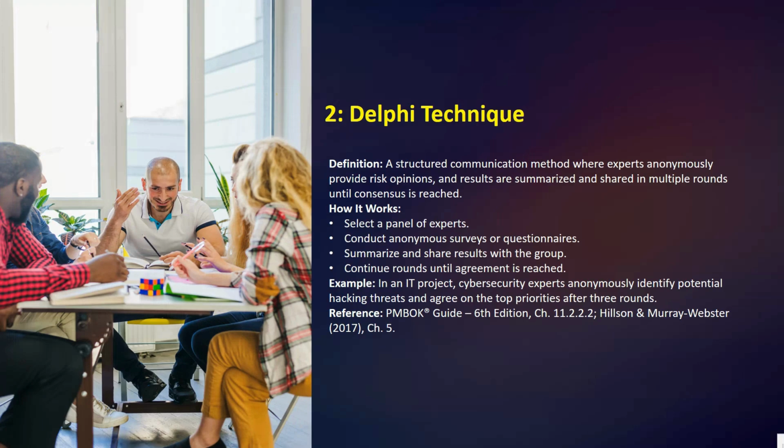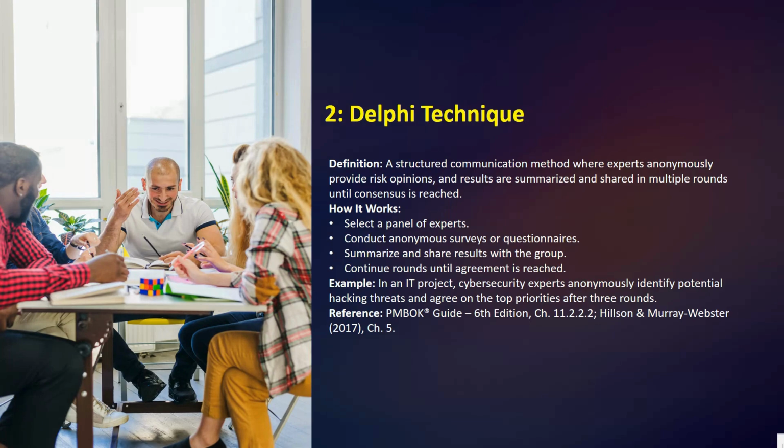Here we have the definition: a structured communication method where experts anonymously provide risk opinions, and results are summarized and shared in multiple rounds until consensus is reached. How it works: select a panel of experts, conduct anonymous surveys or questionnaires, then summarize and share results with the group, then continue rounds until agreement is reached.